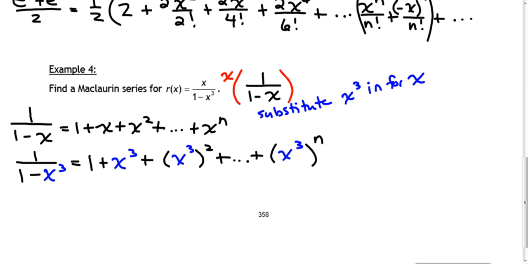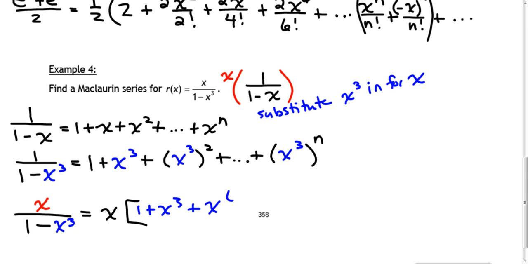Now my whole thing will be x over 1 minus x cubed. And all I'm going to do is have x times the series that I just had, which is my 1 plus x cubed plus x to the 6th.